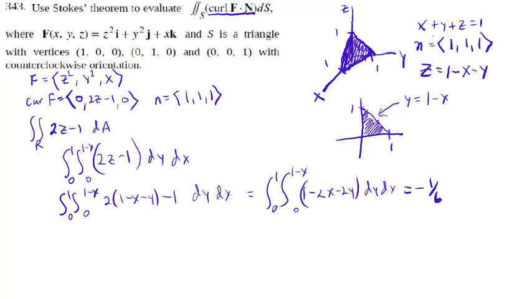Now, to use Stokes' theorem, we would have to find each of those three lines and do the integral along the lines. So let's see what that would look like. I'll erase this and we'll try a different one.